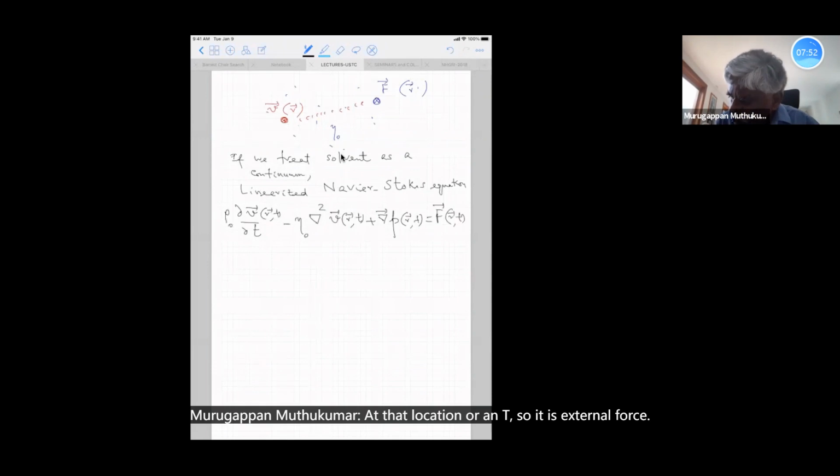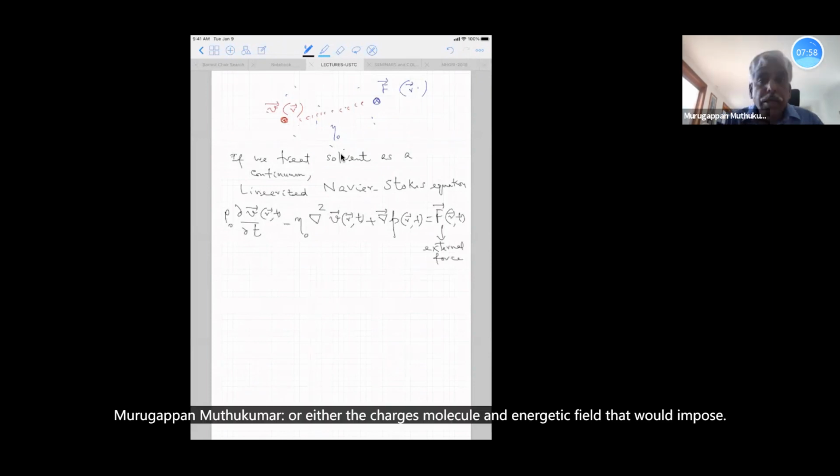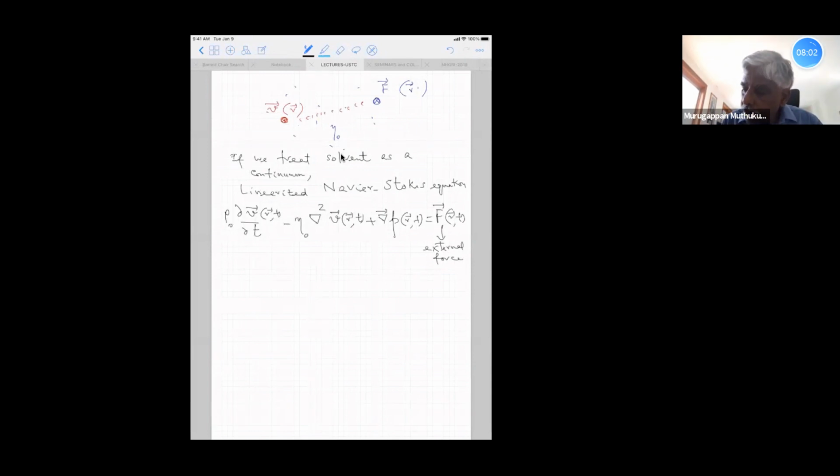So this is an external force, like gravity, or if it's a charged molecule, an electric field that would impose.